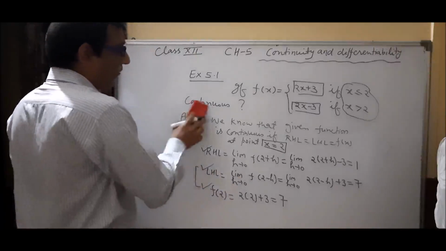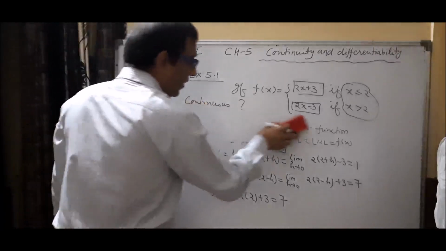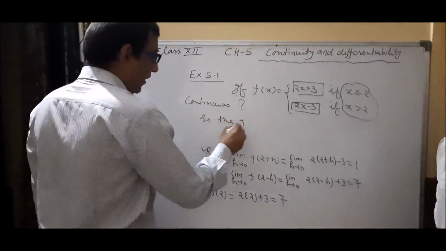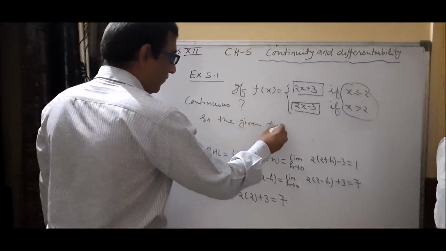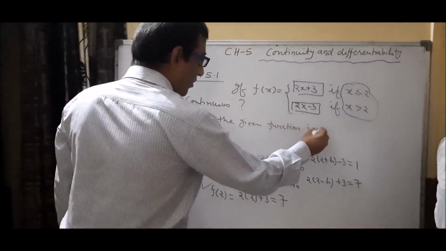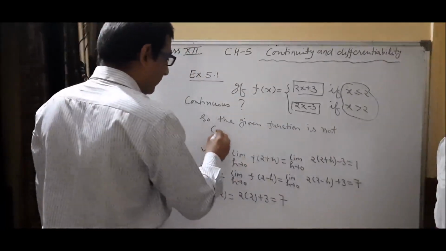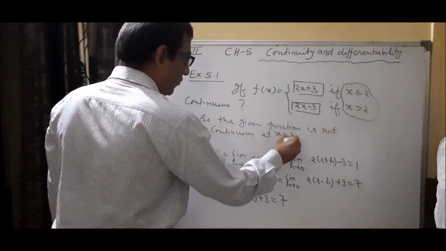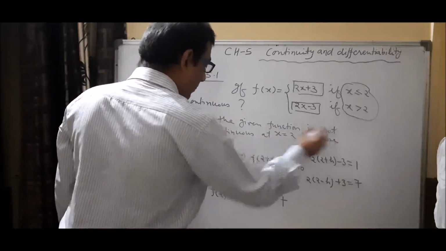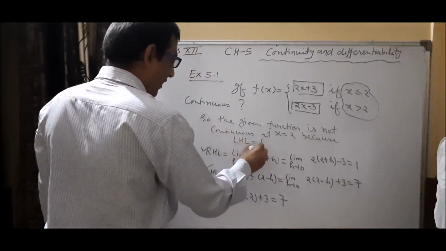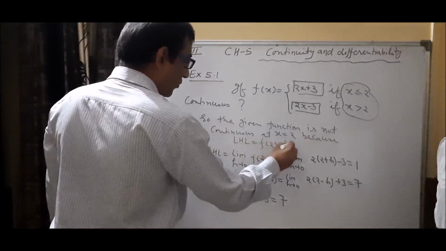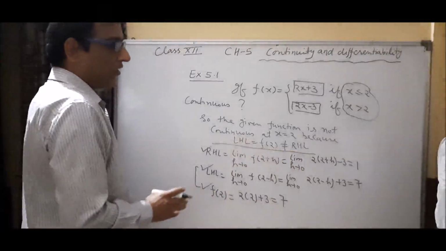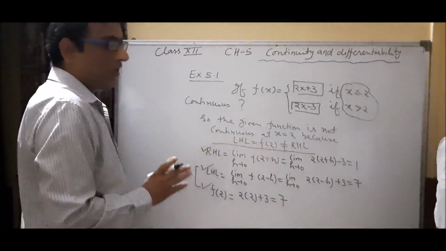So what we can say, the given function is not continuous at x equals to 2, because LHL and f(2) are equal but they are not equal to RHL. If all these three are equal, then we can say it is continuous, otherwise it is not continuous or discontinuous.